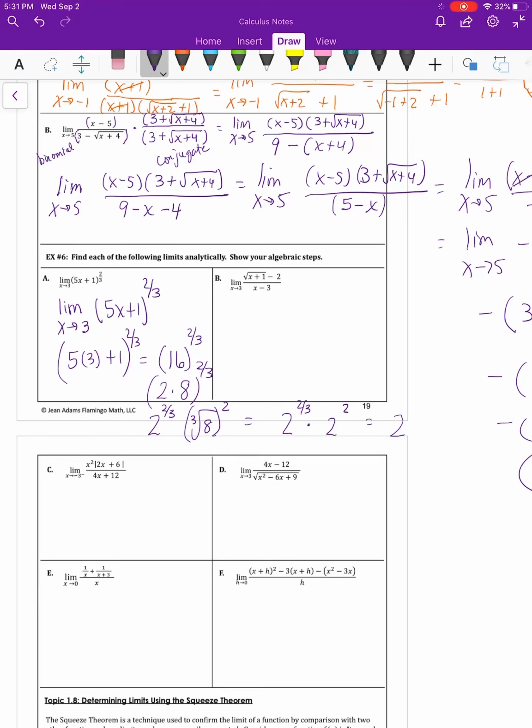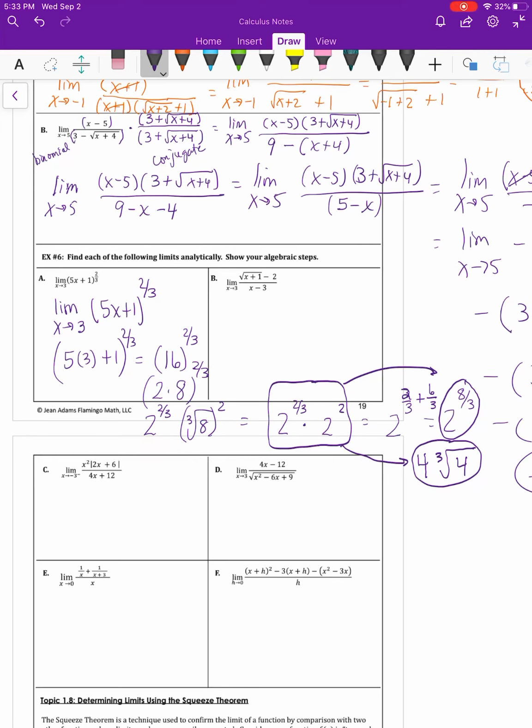It could have also been 4 times the cube root of 4. So that could have also been another way to write that. If you put both of these in your calculator, you will get the same exact answer, okay? So I just simplified 16 to the 2/3 two different ways, okay? And that would be your answer to that limit. So kind of weird, but okay.